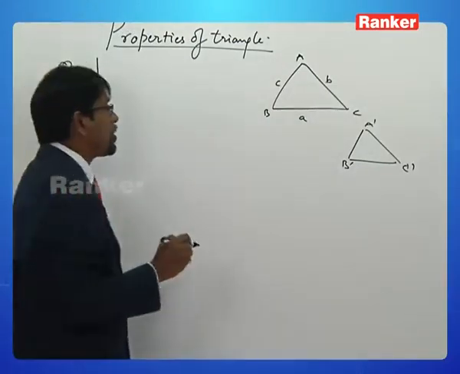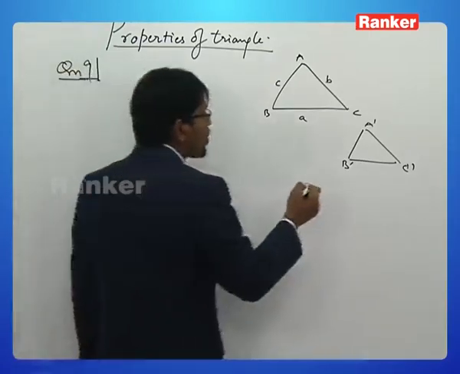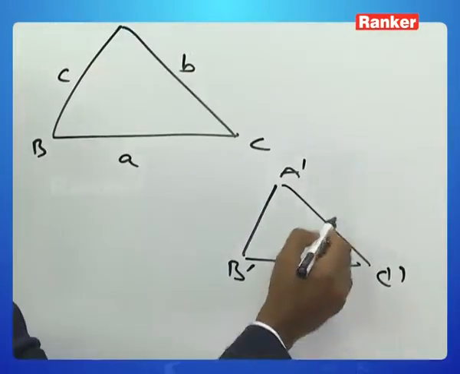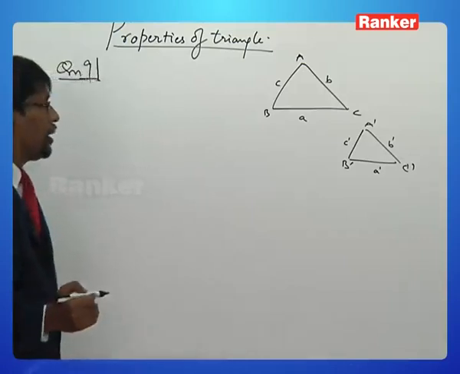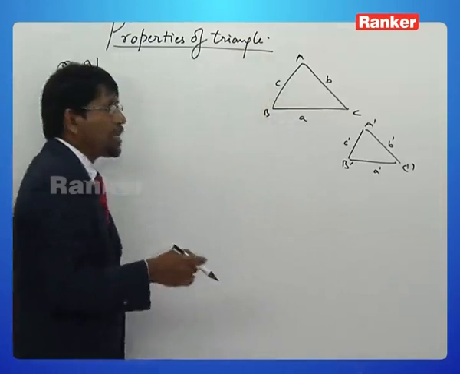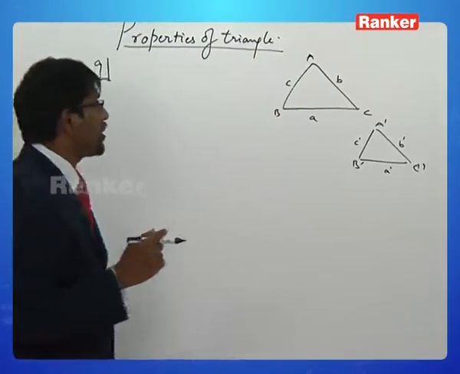And the sides opposite to A dash, B dash, C dash will be written as a dash, b dash and c dash. Okay. Now, we wanted a relation between a dash, b dash and c dash from here.